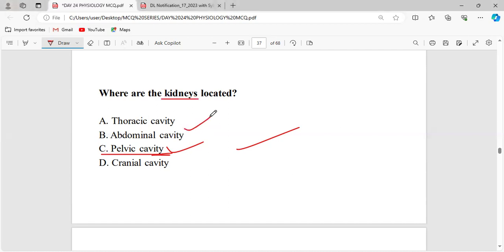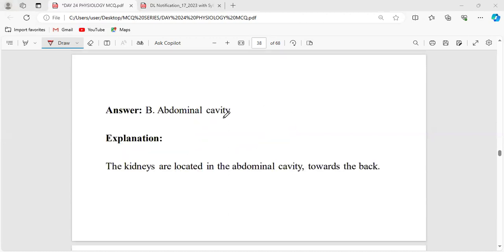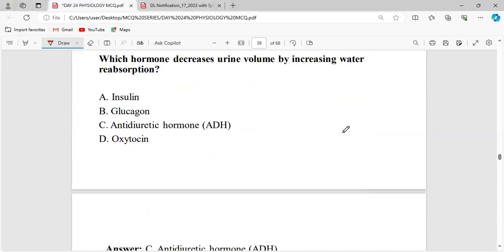Kidneys are located in the abdominal cavity, correct? You remember or not? Good. Kidneys are located in the abdominal cavity.